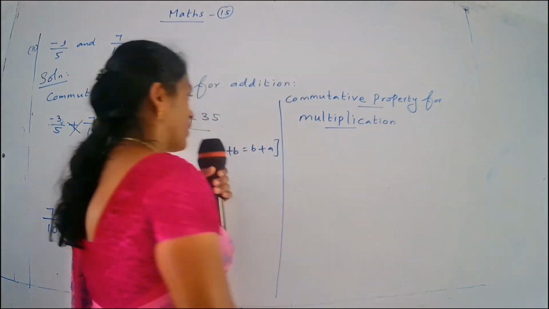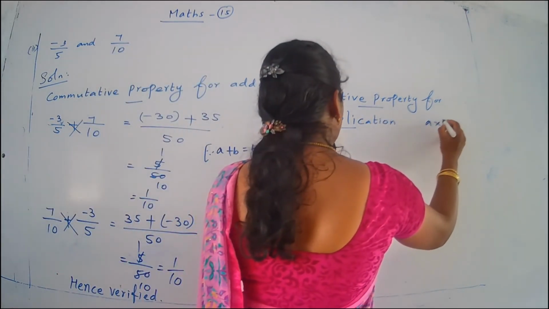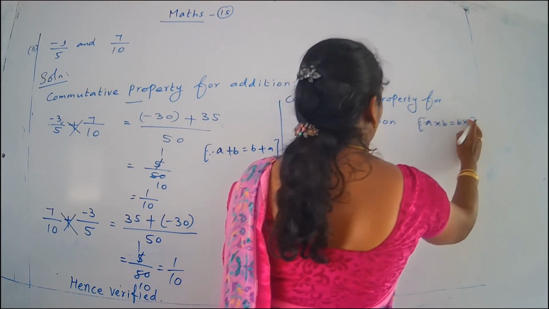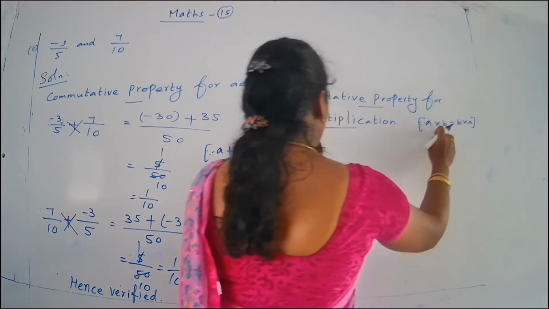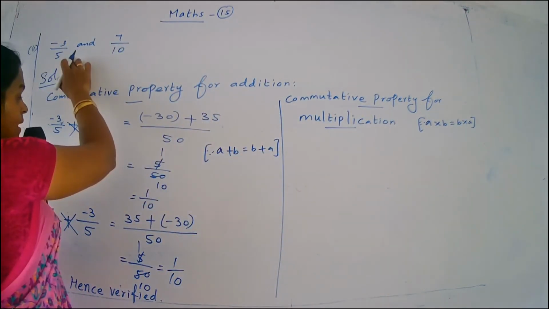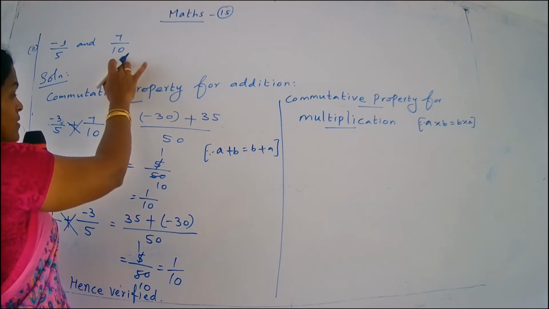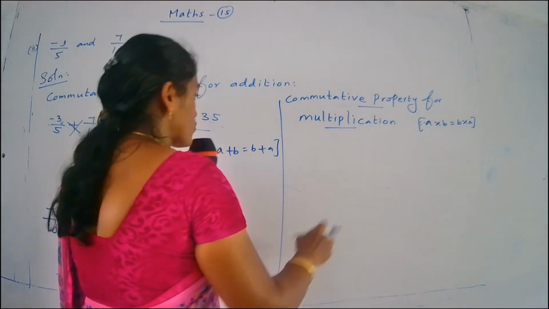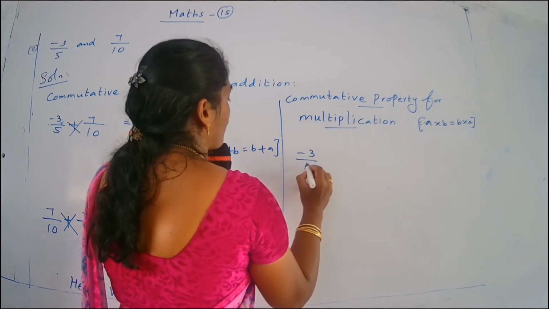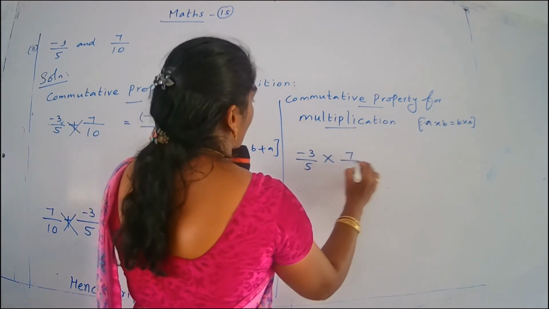So your property is A into B is equal to B into A. Here A is equal to minus 3 upon 5 and B is equal to 7 upon 10. So first find the value of A into B, that means minus 3 upon 5 multiply 7 upon 10.